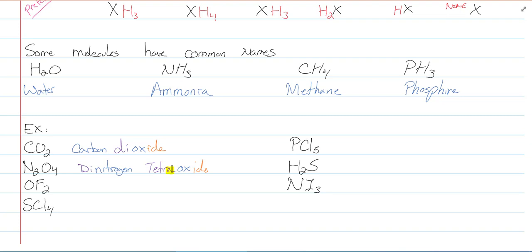The endings are very, very important, because you have ides, you have ates and ites coming up. Obviously, if you spell nitrogen C-A-R-B-O-N, that's wrong, because it's not carbon, it's nitrogen.